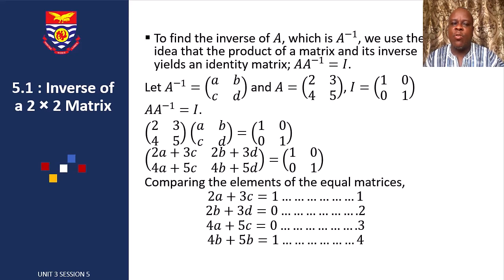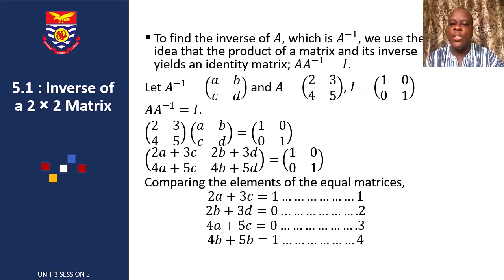A superscript negative 1 is used to denote the inverse of a matrix A. So let the inverse of the matrix A be [a, b; c, d], and the matrix A is [2, 3; 4, 5]. Since these two matrices are 2 by 2 matrices, the identity matrix would be [1, 0; 0, 1].